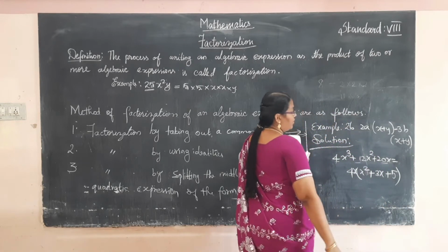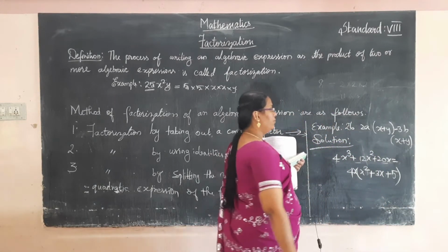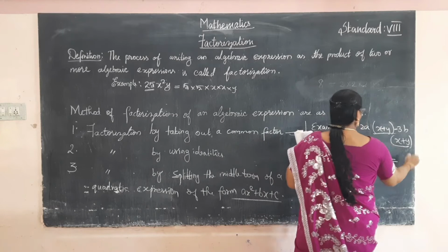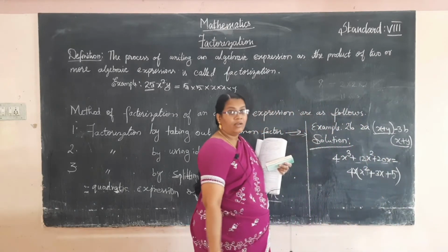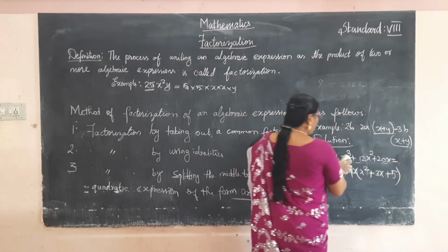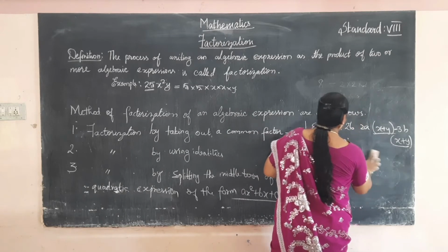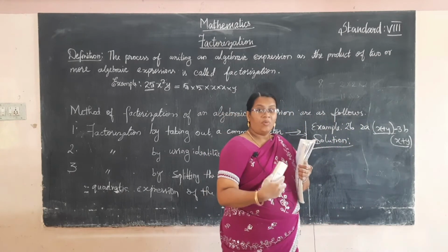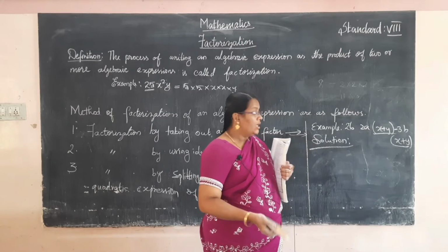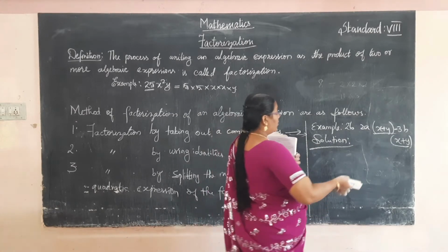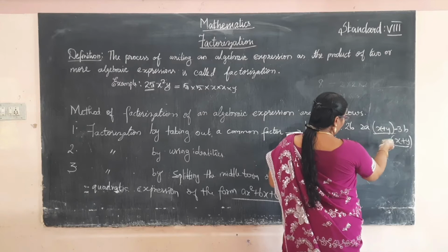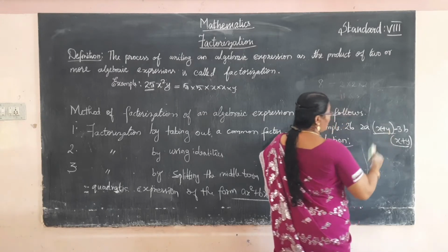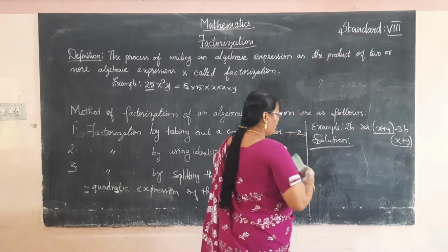You observe from the given problem, these two terms are common. We have to take them outside. This is another case. In the first type we take the common factors outside. In the second case, we observe from the given statement that these two terms are common, so we have to take them outside.